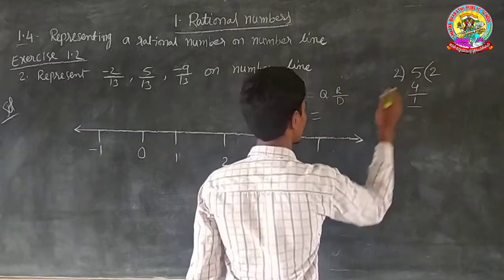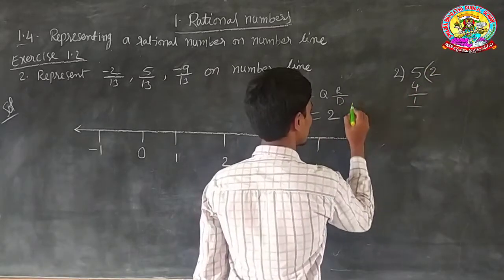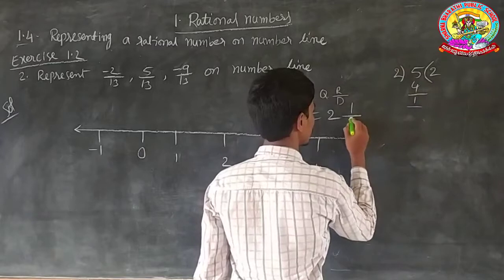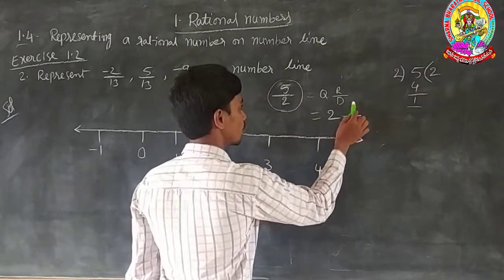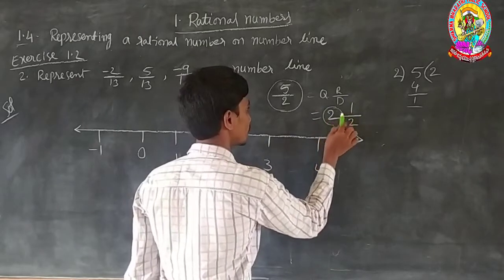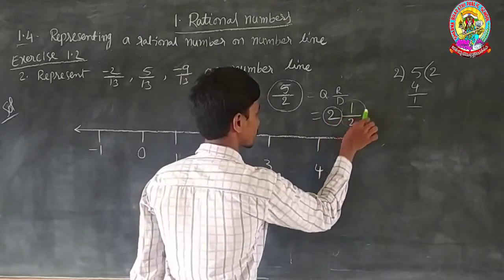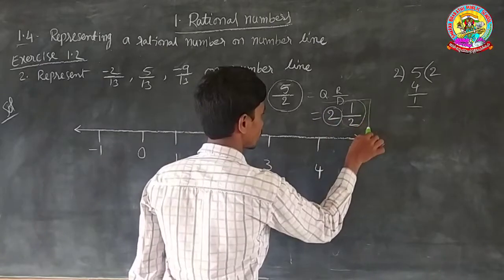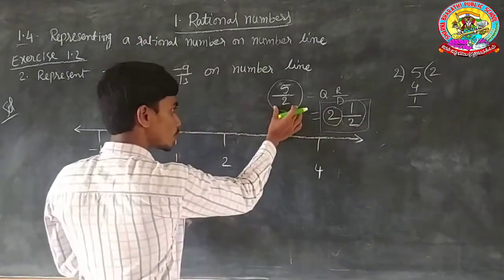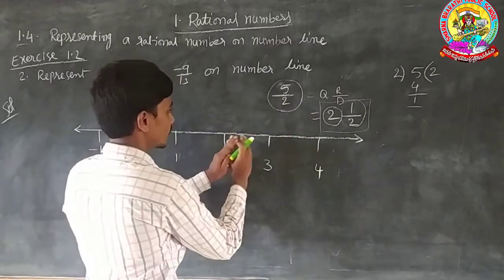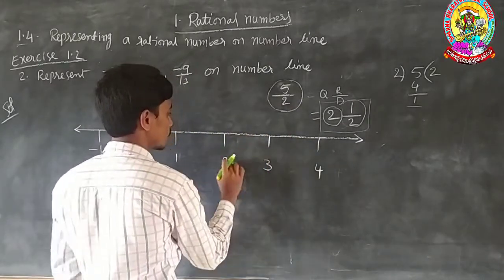Here the quotient is 2, the remainder is 1, the divisor is 2, which means 5 by 2 is converted into 2 and 1 by 2. Here 2 is a whole number and 1 by 2 is a fraction. That's why the total is called a mixed fraction, which means 5 by 2 lies in between 2 and 3.